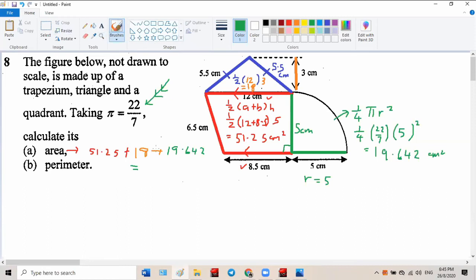88.8928. 88.89. I want 3SF. What is it? What is 3SF?